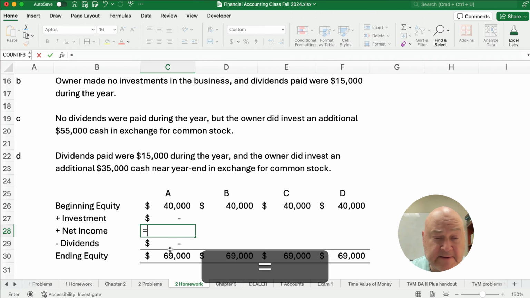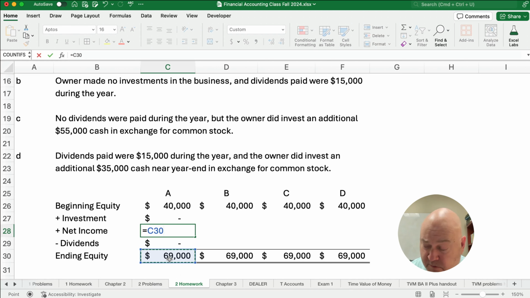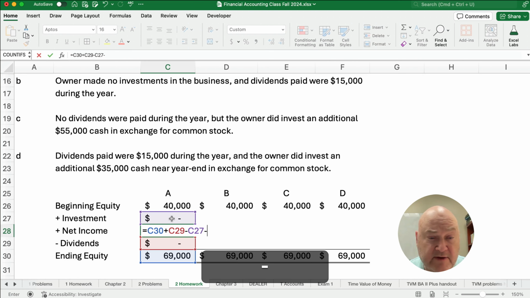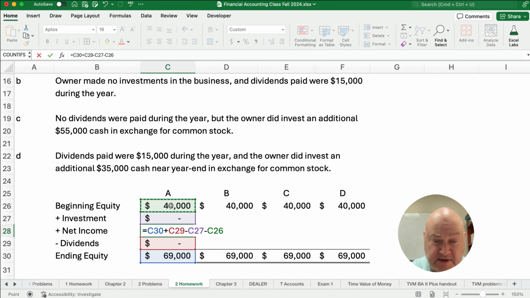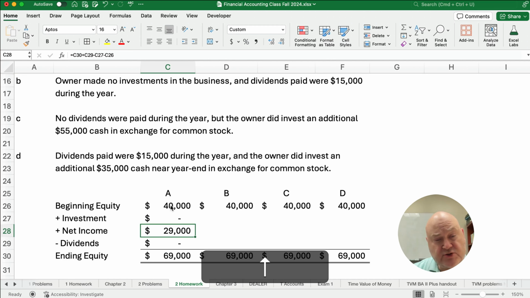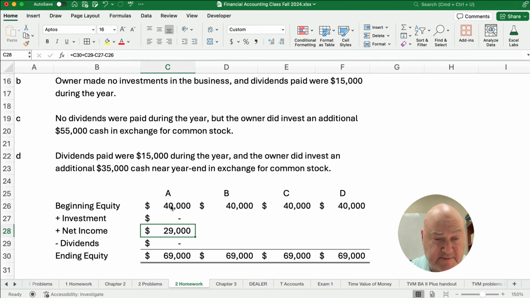We're going to take the 69,000, and then do the opposite and add the dividends. We're going to subtract out the investment and subtract out the beginning equity. So the answer is a $29,000 net income.